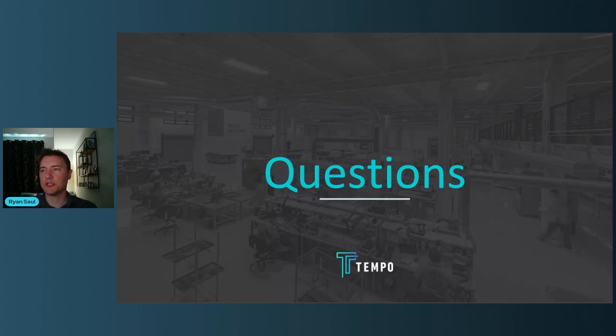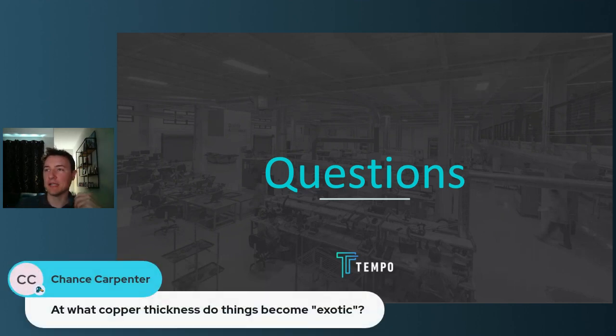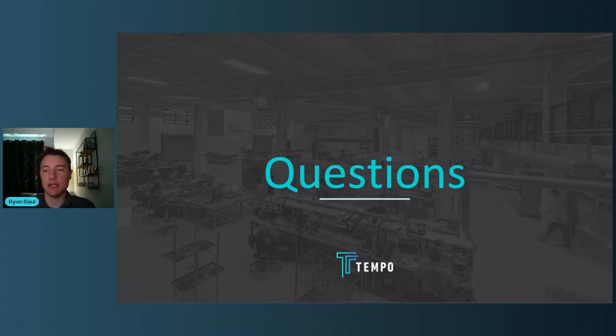All right. Another material question is from Chance Carpenter. At what copper thickness do things become exotic? That's a great question. So the most common copper thicknesses, and you will never add cost to your design with them, are 1/2 ounce and 1 ounce. That's standard. All materials are manufactured with those thicknesses of copper clad.